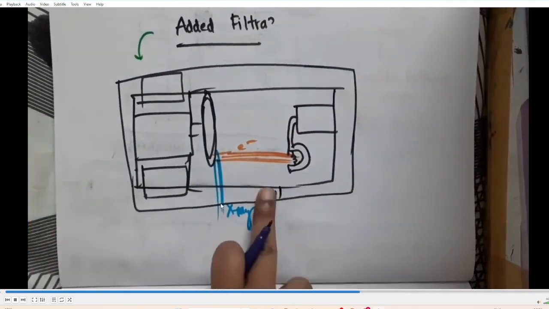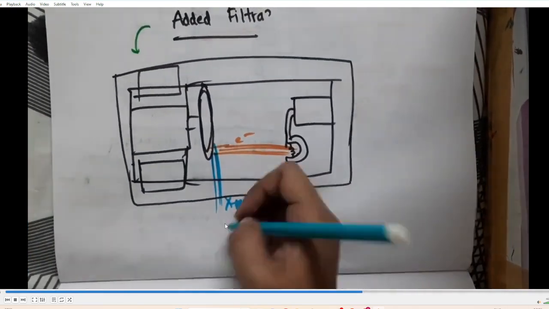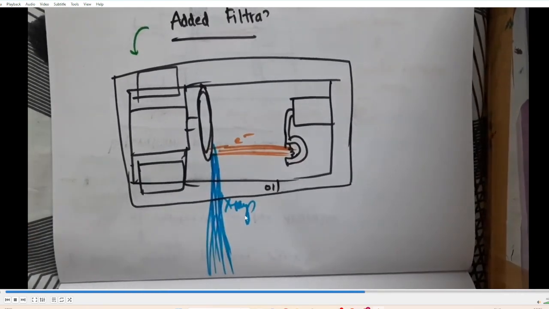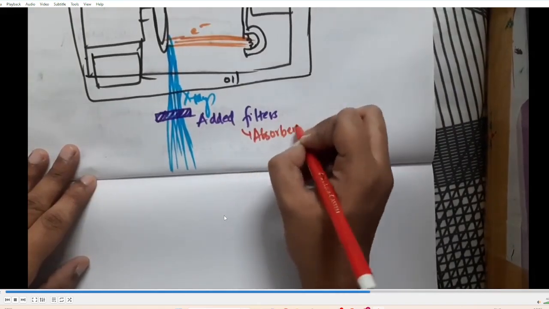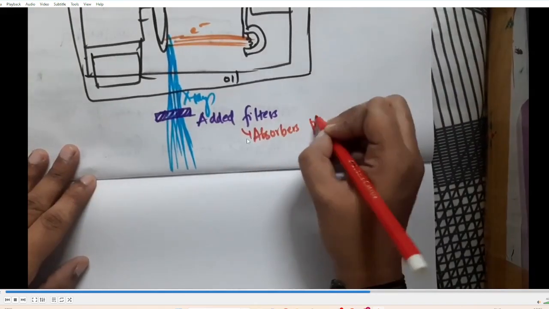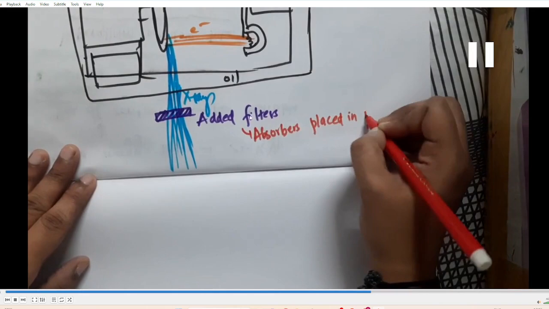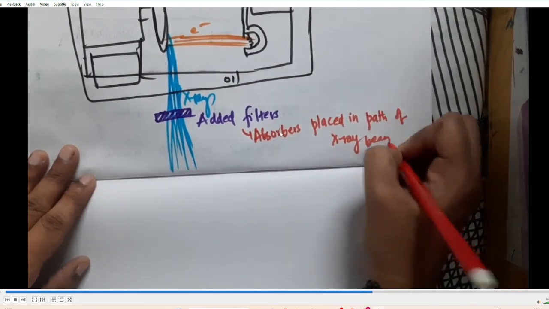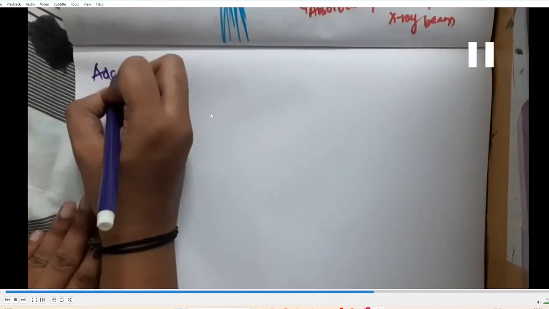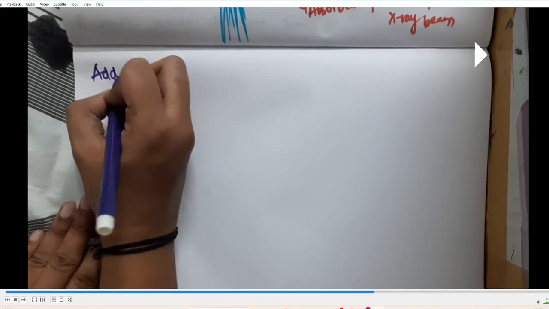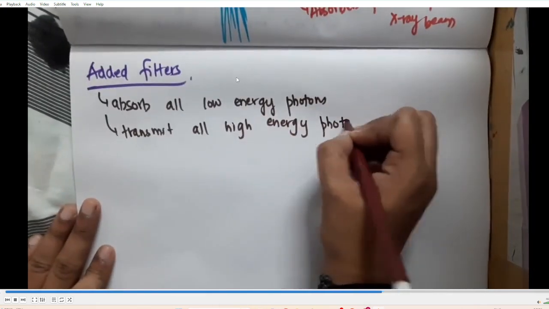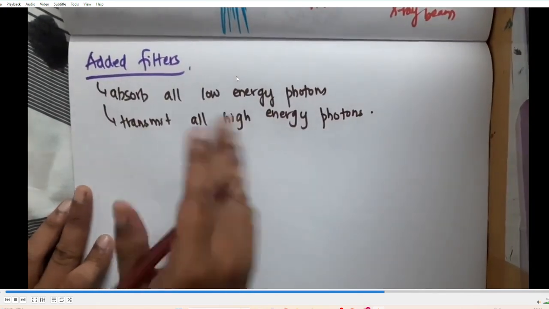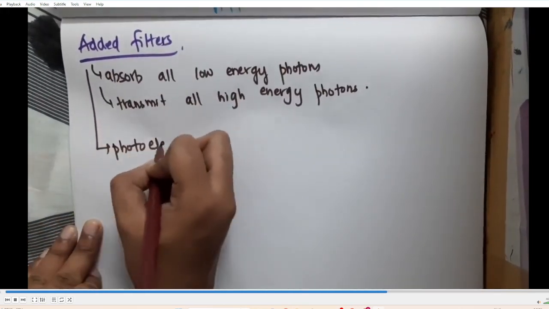In the path of the X-ray beam, we place certain absorbers which are called added filters. Ideally, a filter material should absorb all low energy photons and transmit all high energy photons. But unfortunately, no such material exists.